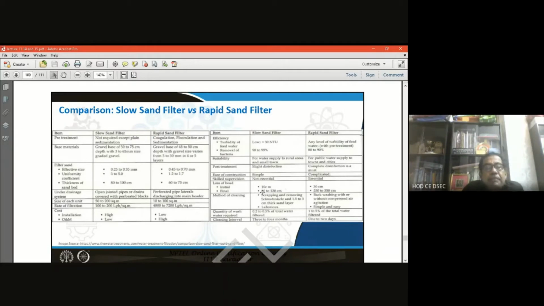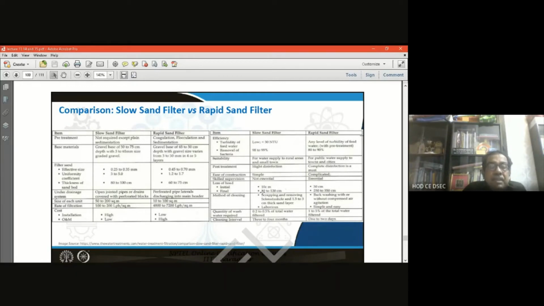But in case of rapid sand filter, the gravel base thickness is 45 to 50 centimeter with gravel size varying from 3 to 50 millimeter in 4 or 5 layers. There I have seen one layer, but here I have seen 4 to 5 layers of gravel base material in the rapid sand filter.